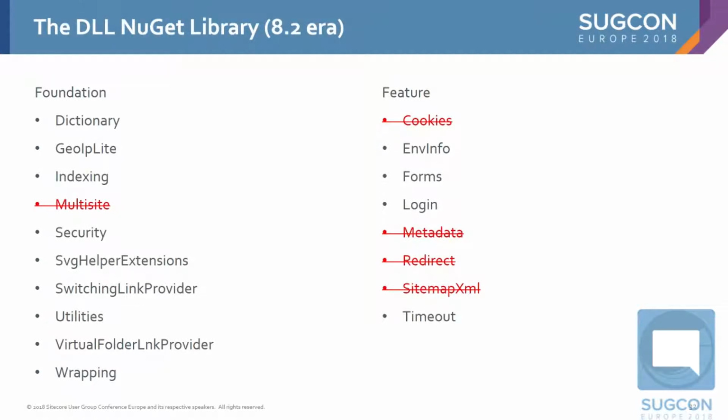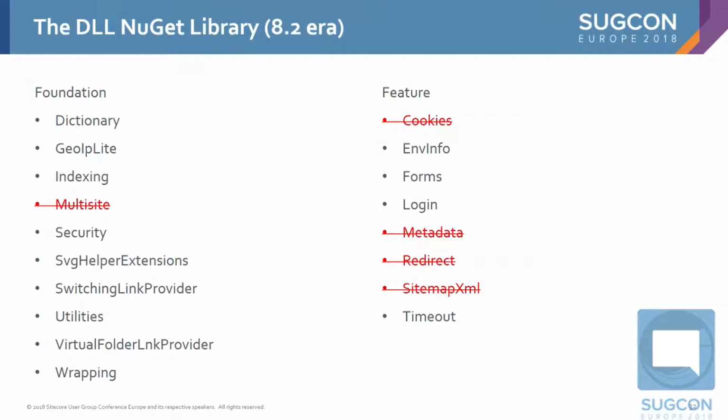And then there's a couple of these that vanish. And why do they vanish? Well, in 8.2 something really wonderful happened, SXA. So all of these that are struck from the records are actually replaced by SXA. We no longer needed them because SXA already has a version for them.